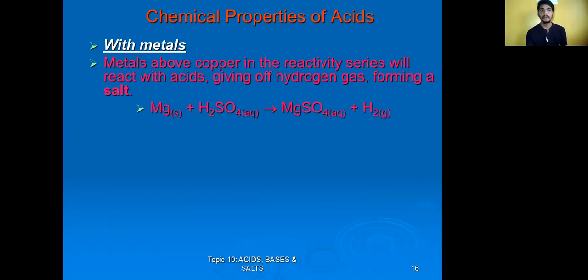Metals above copper in the reactivity series will react with the acid, giving hydrogen gas. You can see magnesium reacts with H2SO4, which gives MgSO4, and hydrogen is liberated. Getting my point? When acid reacts with a metal, there is a liberation of hydrogen gas.